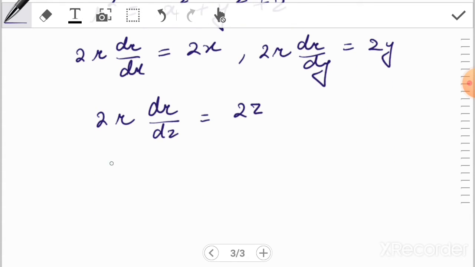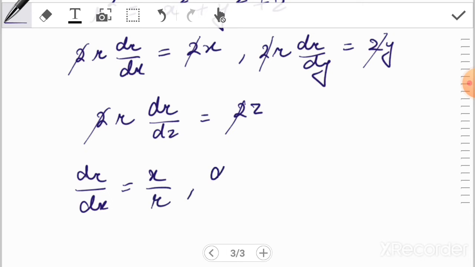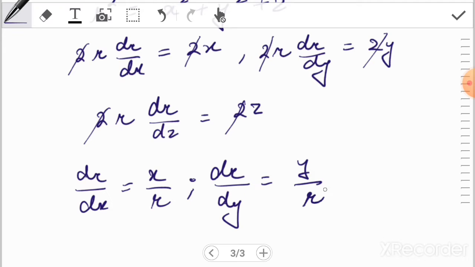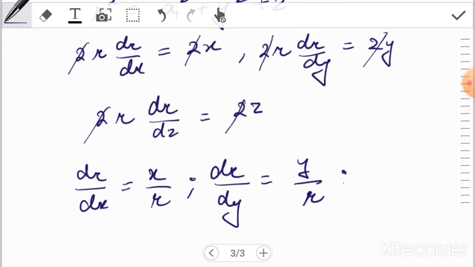So we can rewrite this as dr by dx is equal to x by r, dr by dy is equal to y by r, and dr by dz is equal to z by r.